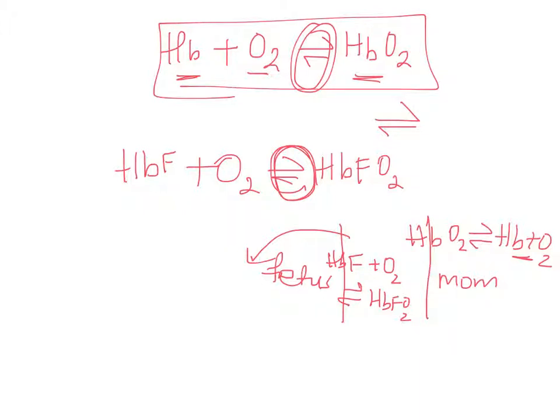So you can think that it's kind of like a transfer that's occurring from the mom to the fetus, and the reason why we are able to do that is because the affinity of oxygen for the fetal hemoglobin is slightly larger as compared to that of the adult hemoglobin. And so the forward reaction in that case is allowed, and that is the reason why it would take place.